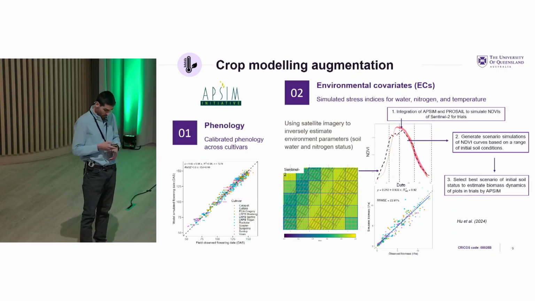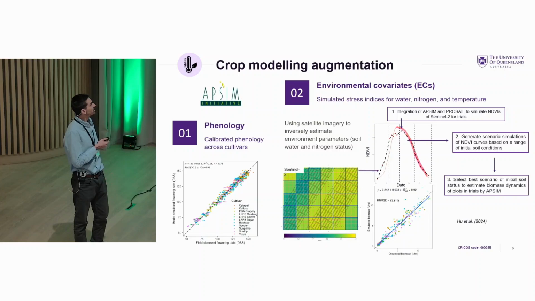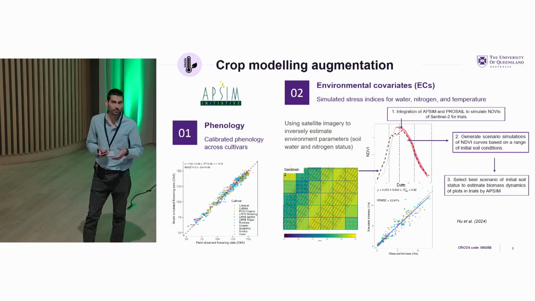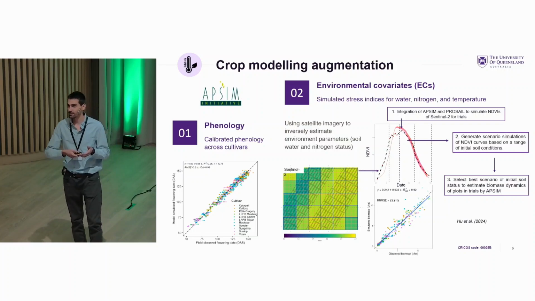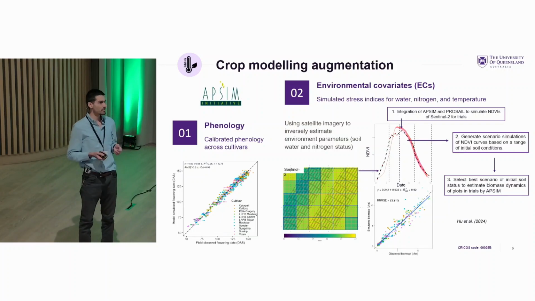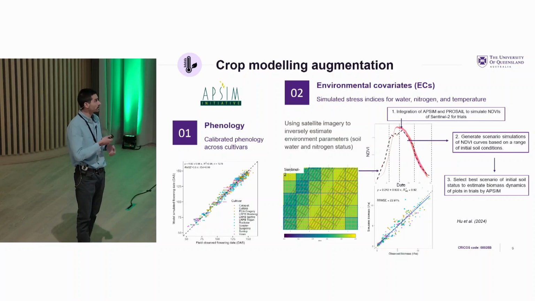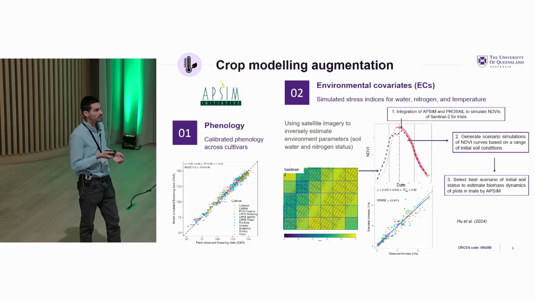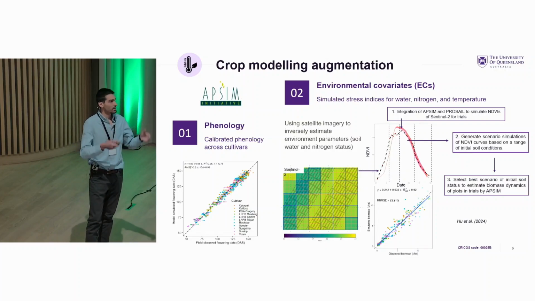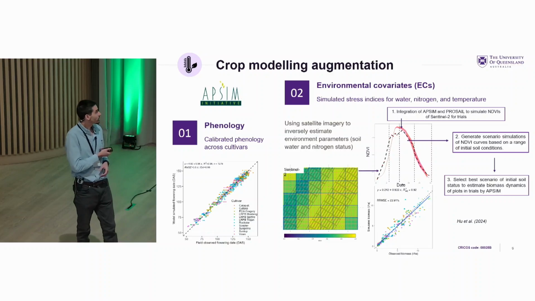What you're seeing here is the integration of APSIM and an RTM model, PROSAIL. Basically, we're simulating a whole set of scenarios of initial soil conditions, and then we try to minimize the loss function on the signal that's coming from the satellite. The dashed line here is basically what's coming from the Sentinel. Based on that, we calibrate these 2 environmental parameters. And then, of course, we validate this with biomass coming from the plots.